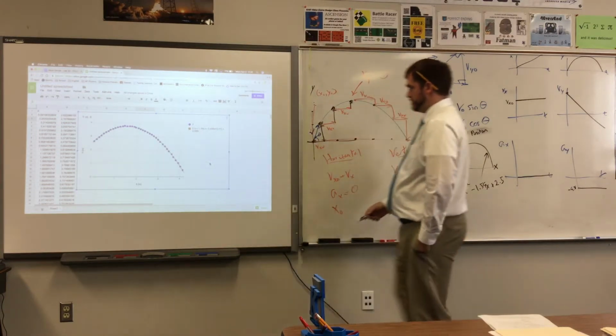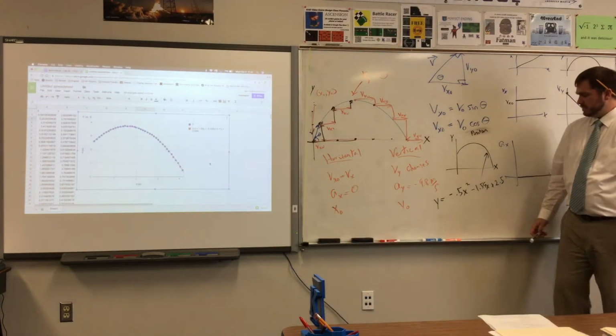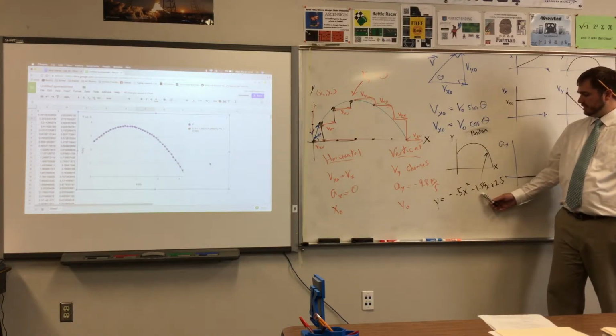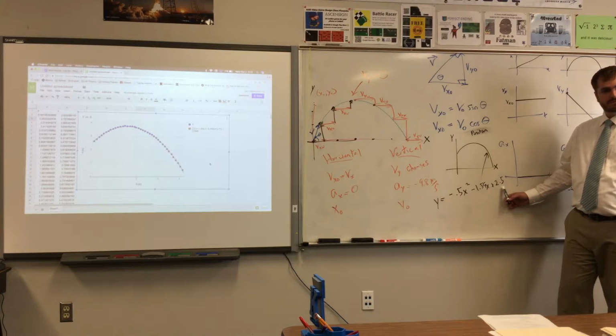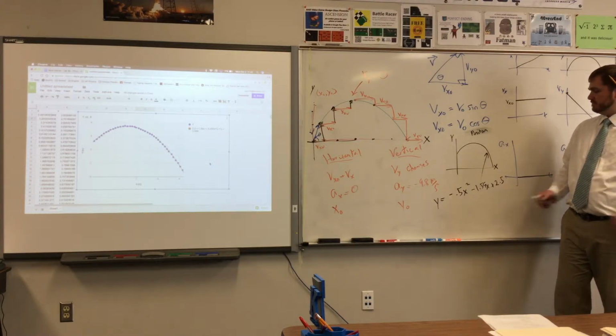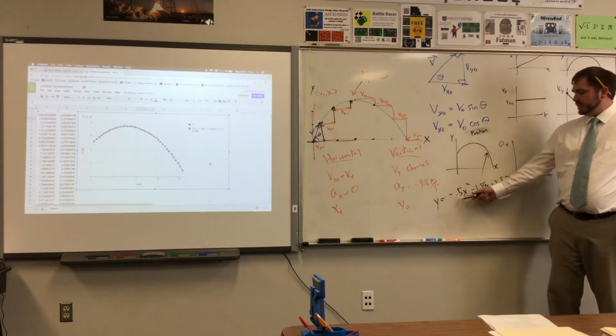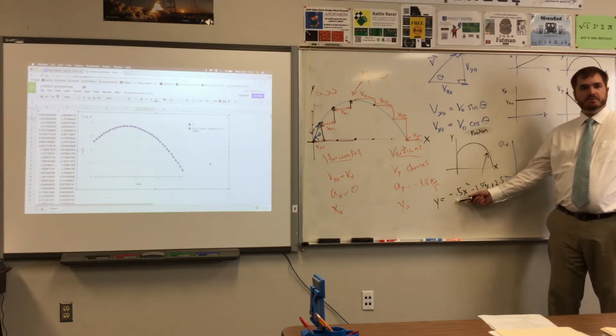It's negative 0.0117 x squared. Okay. What's your y-intercept? 5.6. Interesting. Check. Anybody else get a number more like Kevin's, with a negative 0.5?